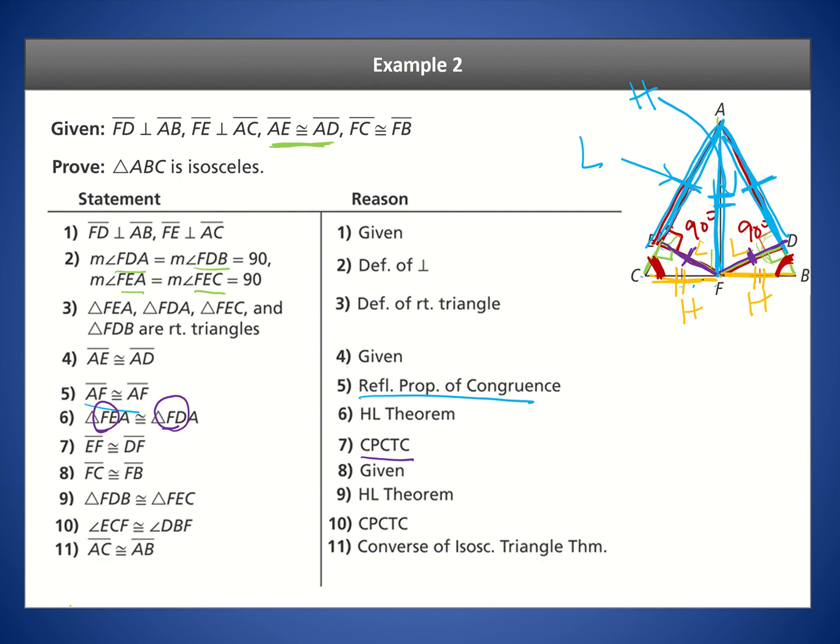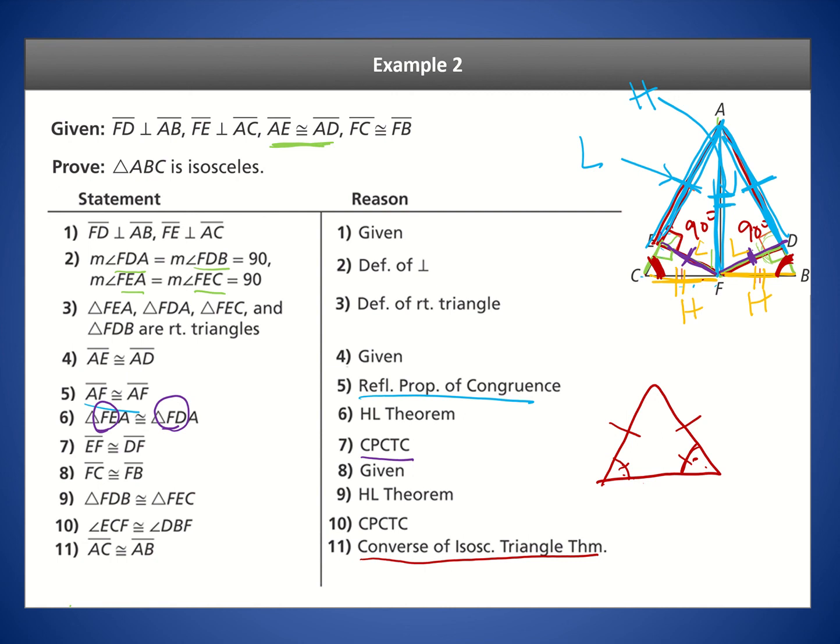Why? Because of the converse of the isosceles triangle theorem. Remember that if you have a triangle with two angles that are congruent, then that means that the opposite sides are congruent. And if the opposite sides are congruent, that means that it's an isosceles triangle. And this is the converse of the isosceles triangle theorem: if you know that those two angles are congruent, then you know it has to be isosceles.